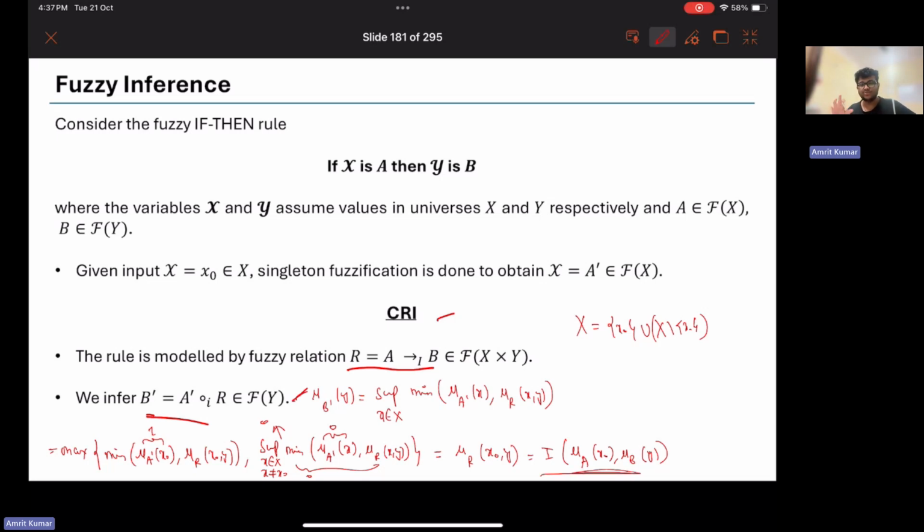You don't have to do any supremum, infimum, anything. You'll simply need to compute the membership of x naught in A, and then you compute the implication at that particular value, and that will give you the membership of y in B dash. And therefore, this entire computation of supremum is eliminated, thereby suggesting that when you use singleton fuzzification for your input, the compositional rule of inference is pretty straightforward.